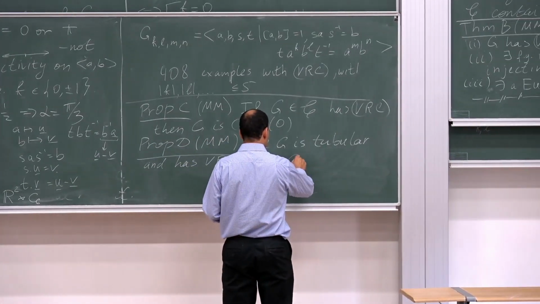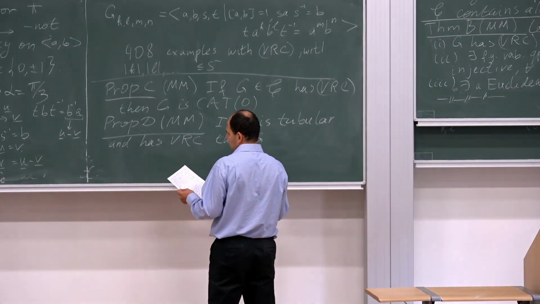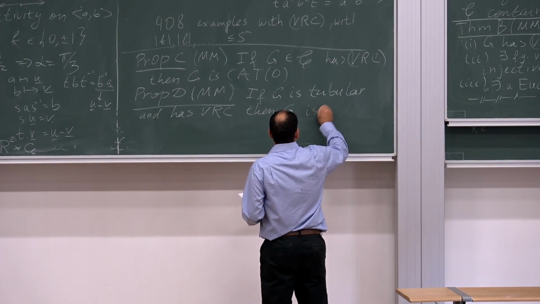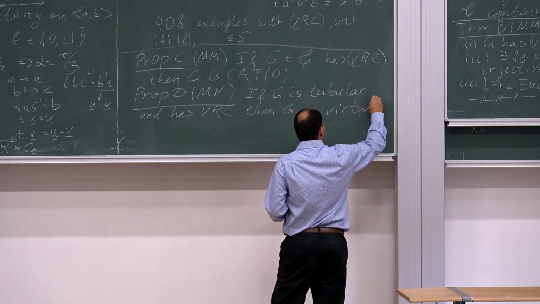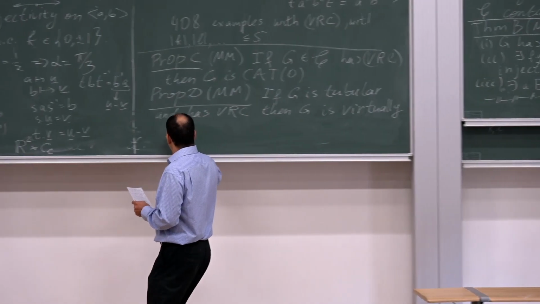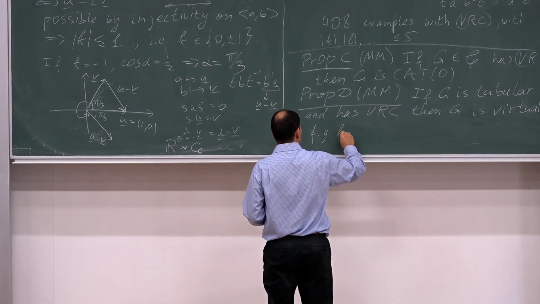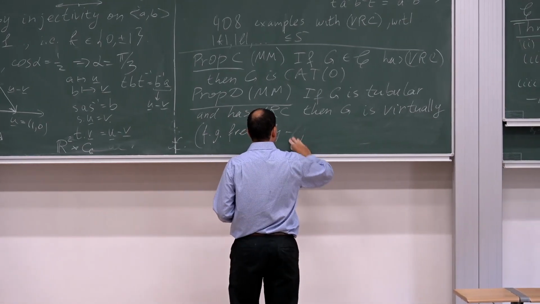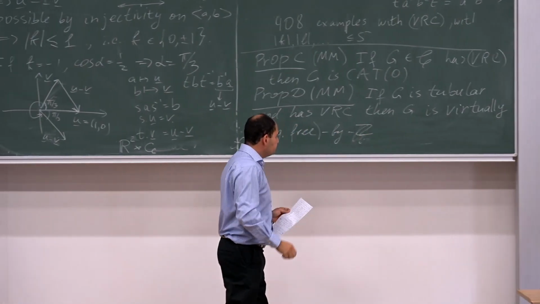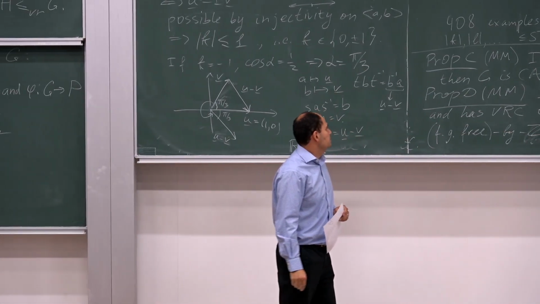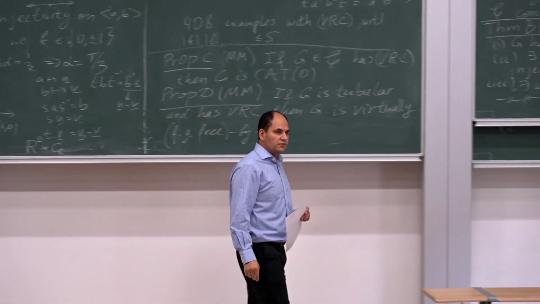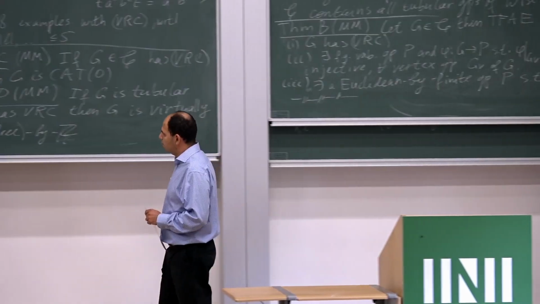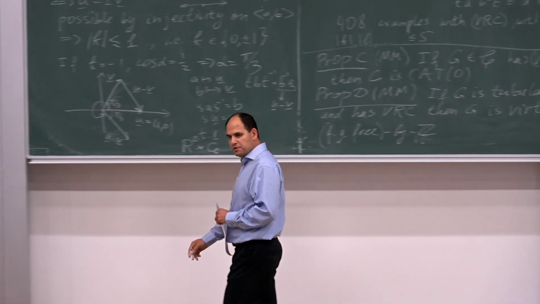Then G, again, it's a very strong restriction on algebraic structure, is virtually, so it has a finite index subgroup, finitely generated free by cyclic, by Z. And this uses the work of Jack and the work of many other people.